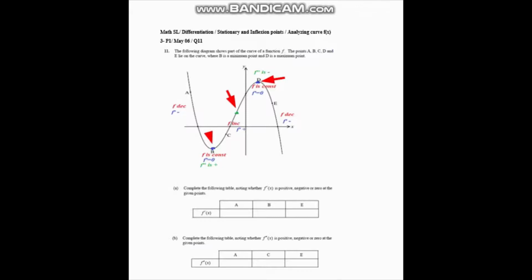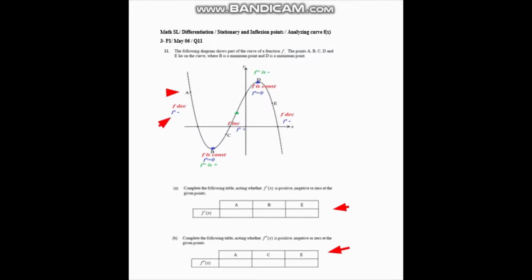Once I've done that, it becomes very easy to actually solve this particular question, because all they require is to note whether f dash is positive, negative or 0 at the given points, and then whether f double dash is positive, negative or 0 at the given points. So basically we're just going to copy from the diagram. At A, is f dash positive or negative or 0?